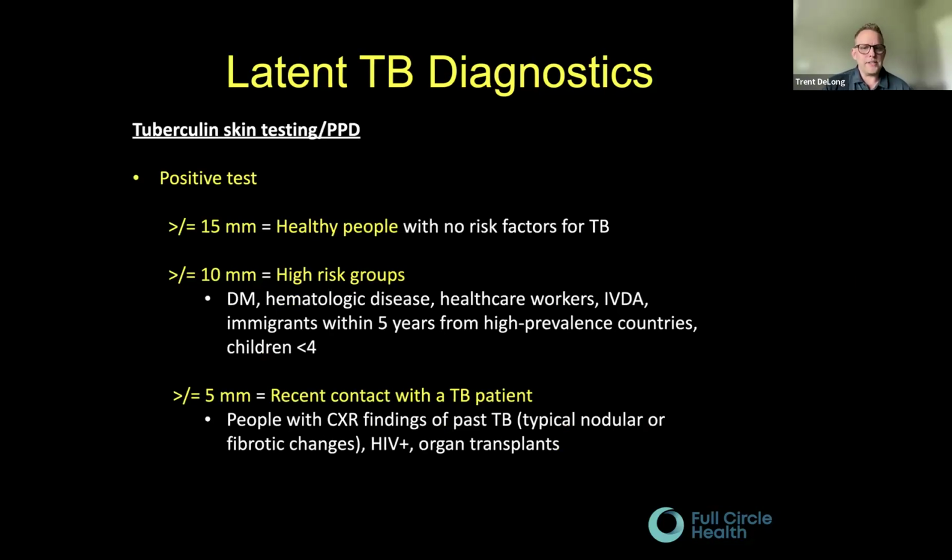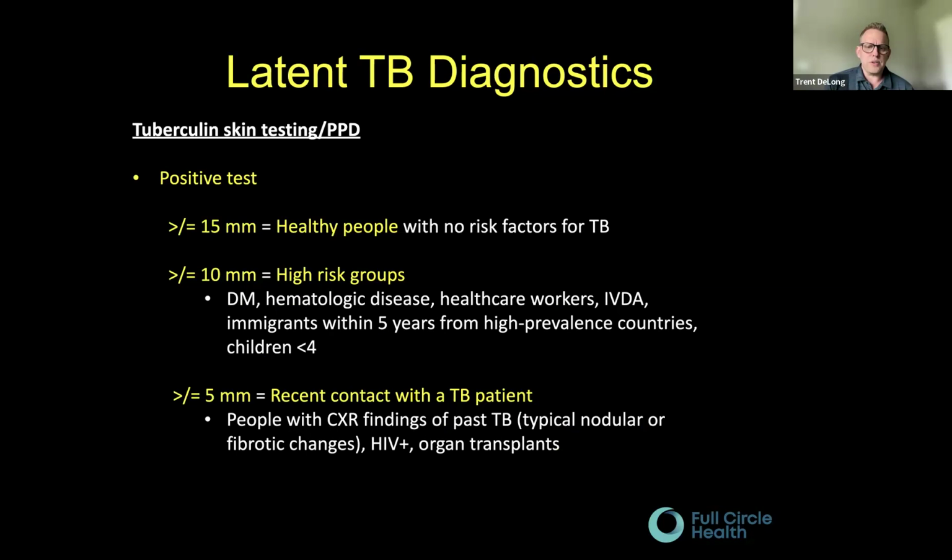As far as diagnostics and interpretation of the tuberculin skin test, PPD, a positive is greater than 15 millimeters in a healthy person. So we want to see an induration of 15 millimeters or greater in somebody who has no risk factors. In high-risk groups, we're looking for a 10 millimeter or greater induration.